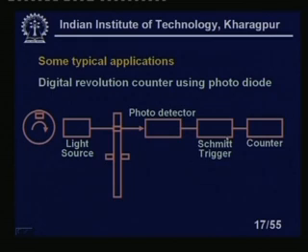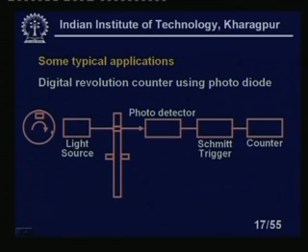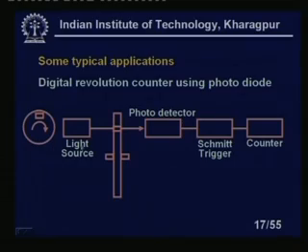So, you must send it to a Schmitt trigger, which is called a pulse shaper, to give a regular shape pulse, and then to a counter. As the speed of this disk increases, the number of counts per second or per minute will also increase. So, I can make a direct RPM meter, or a revolution per minute meter, by this type of scheme.